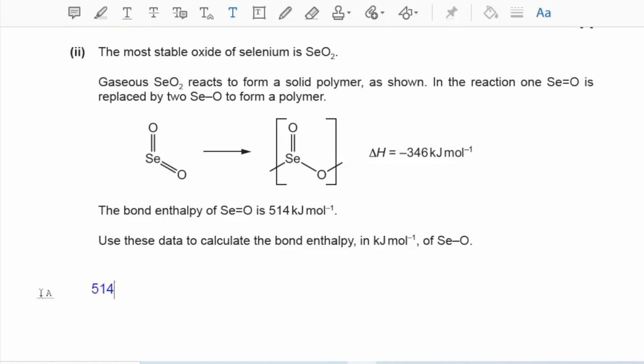It is positive because bond breaking is positive, and I'll put in negative 2x since bond formation is negative and there are two SeO single bonds forming. So 2x, x is the value of the bond enthalpy of SeO single bond, which is unknown to us, and the total enthalpy change is minus 346. So x has got a value of 430 kilojoules per mole.